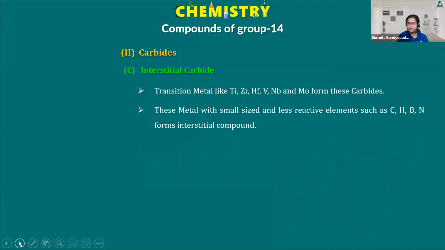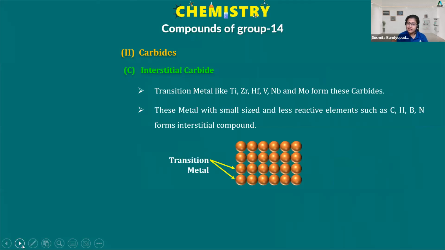Voids have one other name, interstitials. In those voids or interstitials, this orange one are transition metals arranged in a particular fashion. You know, so many fashions: simple cubic lattice, body centered cubic lattice, face centered cubic lattice, right? So many arrangements. Now in the gaps or the interstitials or the voids, what's there? Trapped carbon in the interstitial sites. They form which type of carbide? Interstitial carbide.